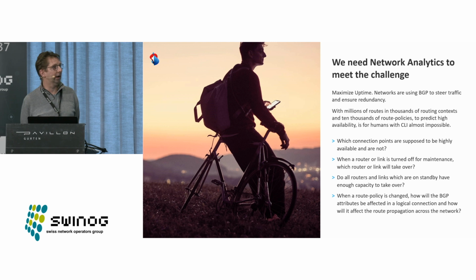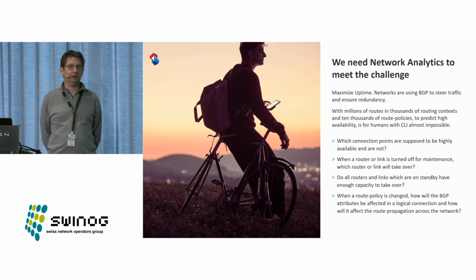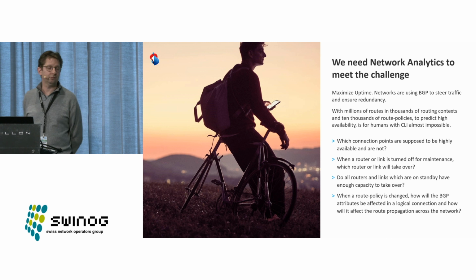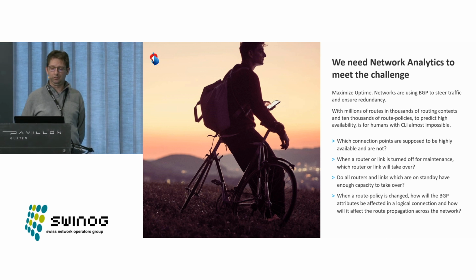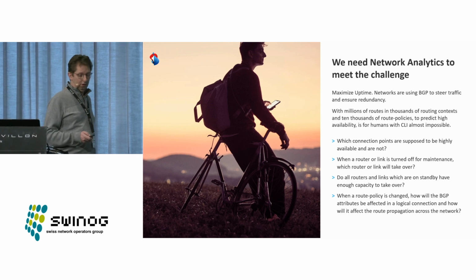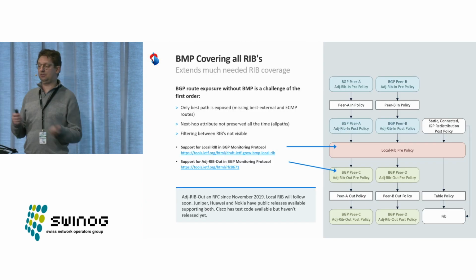And also, if you do a failover from one router to another router, you need to know before the failover which forwarding path is being used for all the given paths you have in the network. So we really need the visibility within BGP.